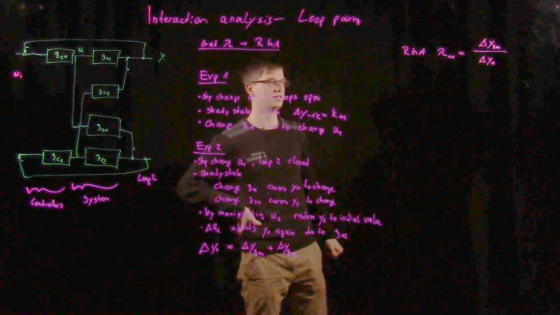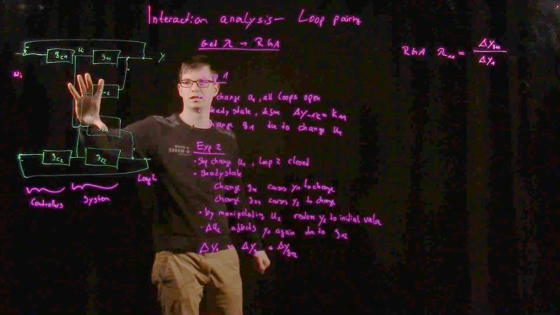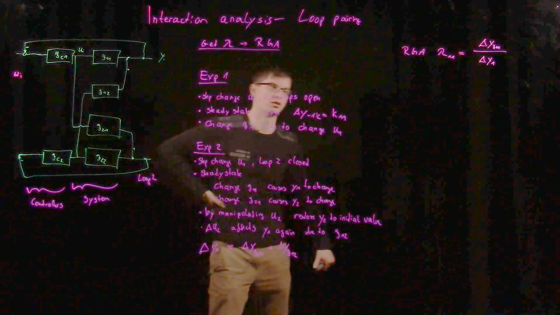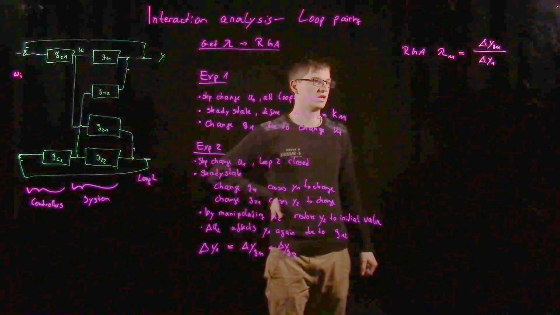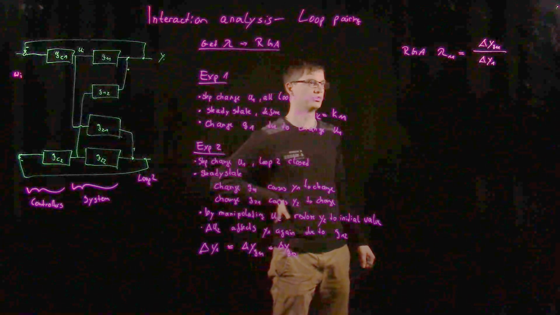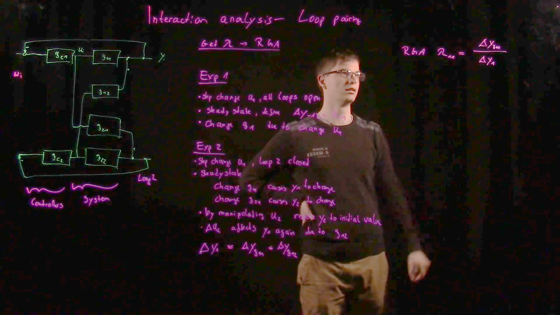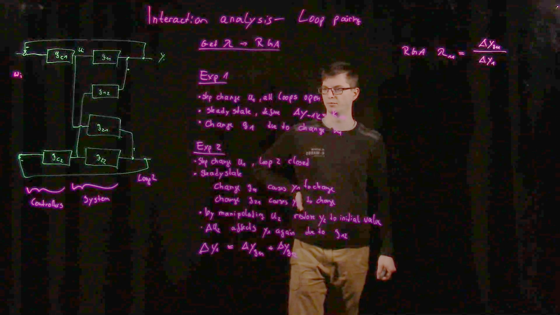And this means the whole interaction is caused by G11, and that would mean that there's no coupling of those loops. Yeah, and in the next slides, we want to interpret those lambdas again and see what values mean what.